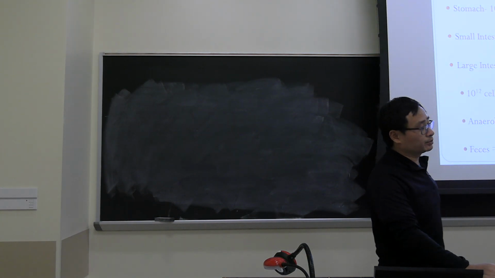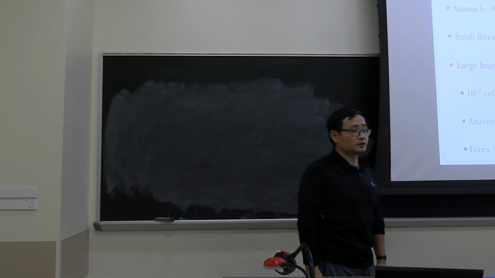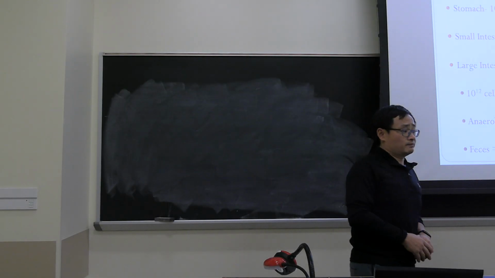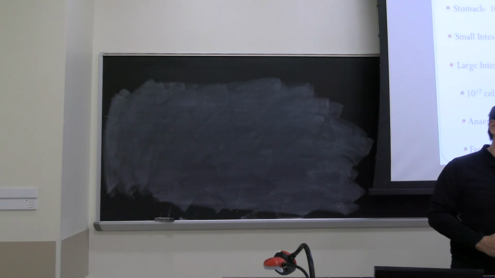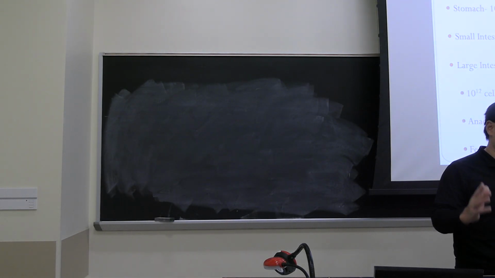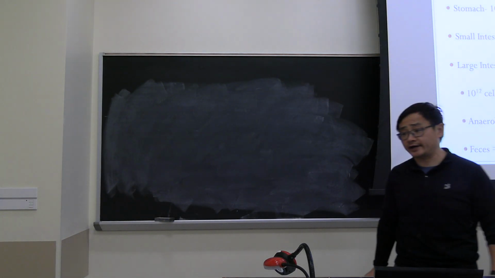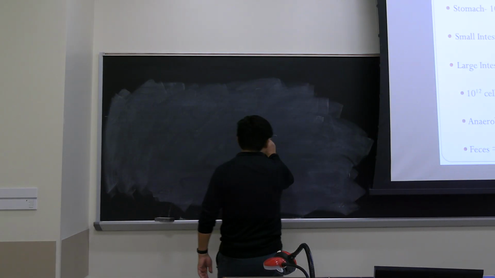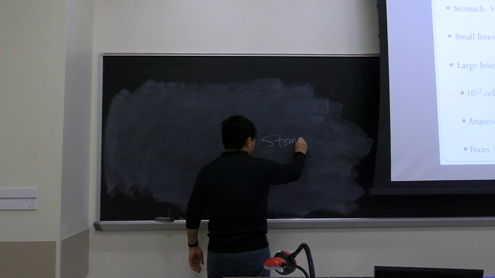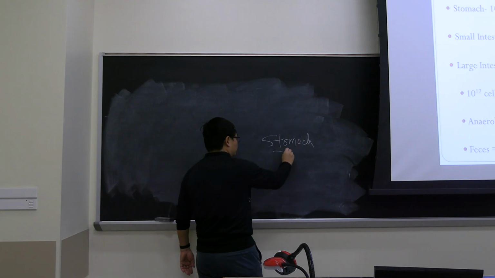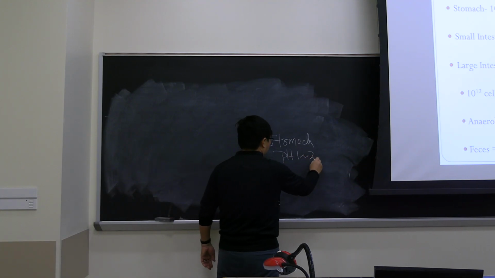Let's talk about the components of the bacteria. First of all, in our stomach area, the bacteria is very few. Less than 100 cells per ml. That's the concentration. Why? Because in the stomach the pH is very low, 1 to 2.